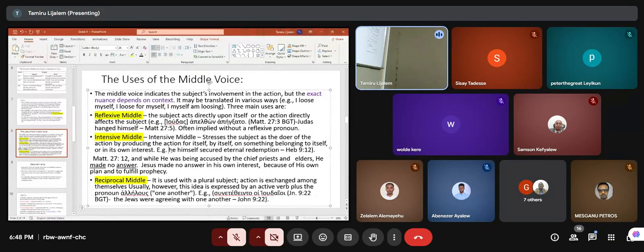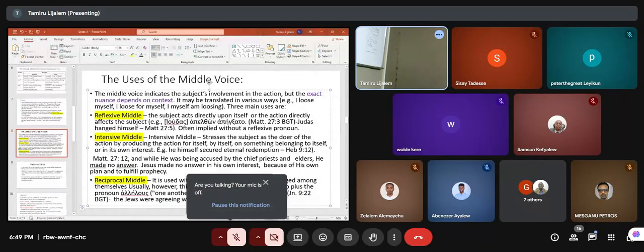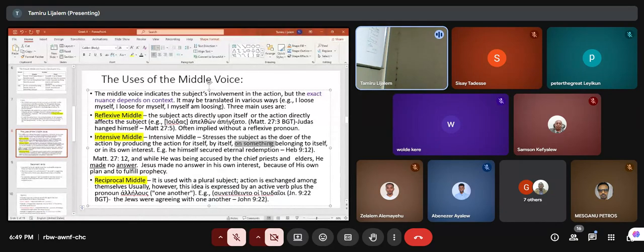So the initiator of the action is the doer of the action, and also the producer of the action for itself, by itself, something purposeful, belonging to itself. So we call that one intensive middle.